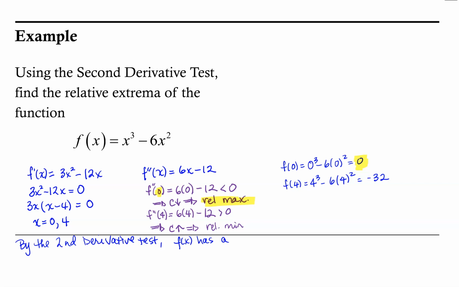So it has a relative maximum of 0 at x equals 0, and a relative minimum that happened at x equals 4, and that minimum value was negative 32. So a relative minimum of negative 32 at x equals 4.